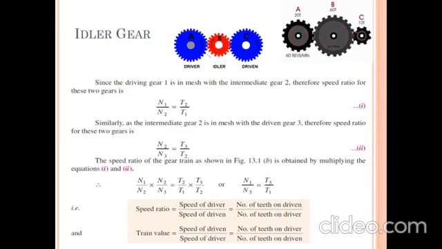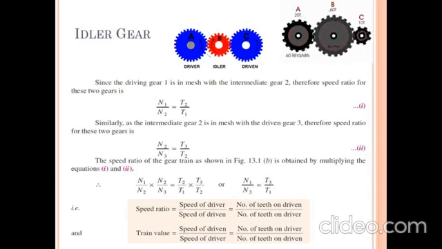It will be N1 upon N2 into N2 upon N3, which in terms of teeth is equal to T2 upon T1 into T3 upon T2. Therefore N2 will get cancelled, T2 will get cancelled, and the remaining will be N1 upon N3 is equal to T3 upon T1.